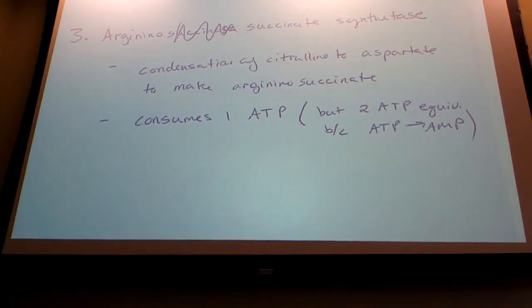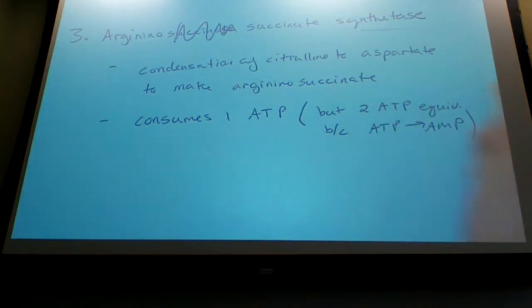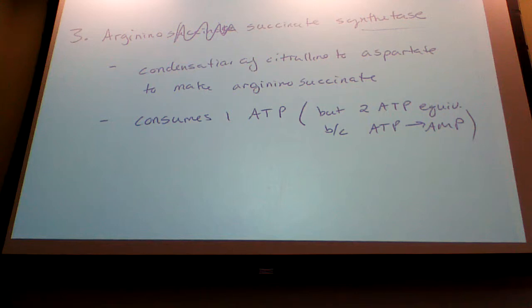Okay, I didn't bother to ask you this one, but what class is it? Ligase. It's a ligase. How do you know? ATP. Join 2 things together. You can usually tell by the names. When it's a synthetase, those are usually ligases, or supposed to be ligases.